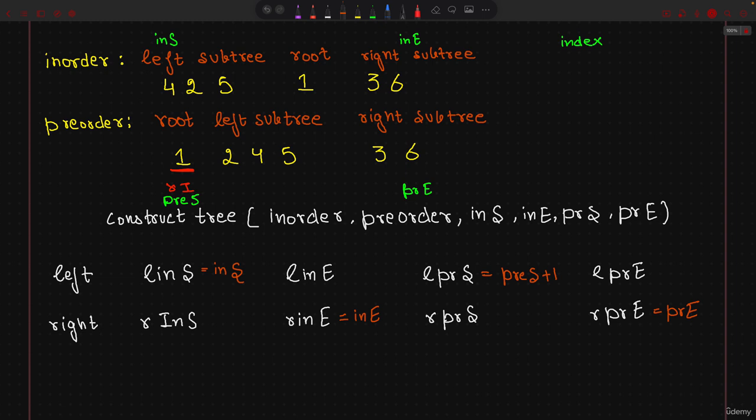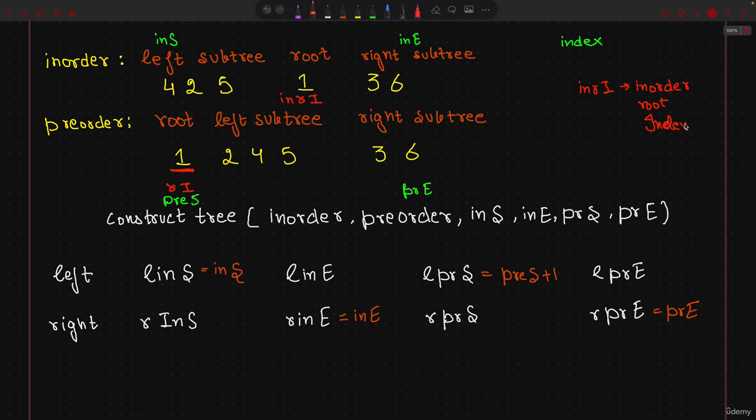Now let's talk about how we can find the end of my left subtree in-order, this particular value. For this, I have the root. What I can do is run a loop and see where I find this particular value. Let's say this index is the in-order root index, INRI.